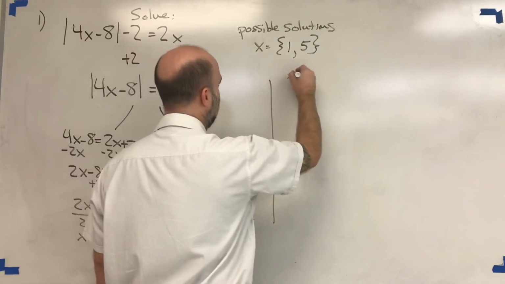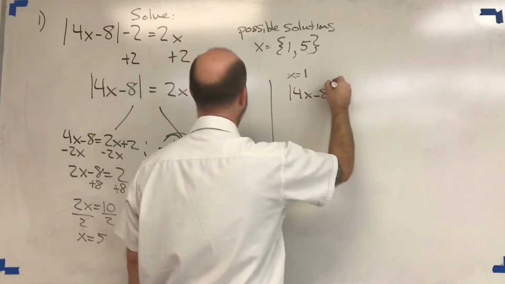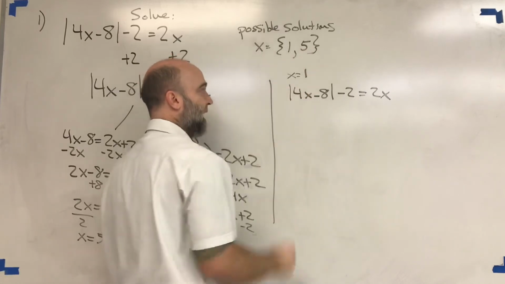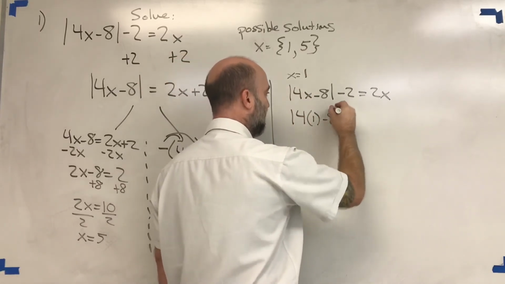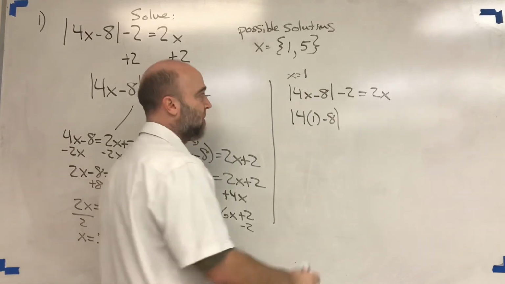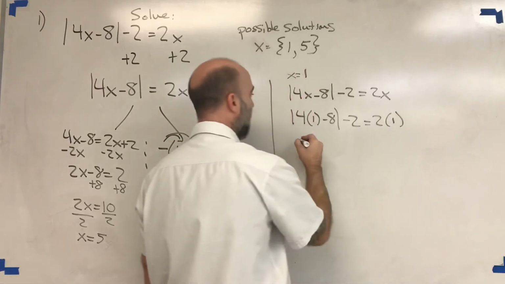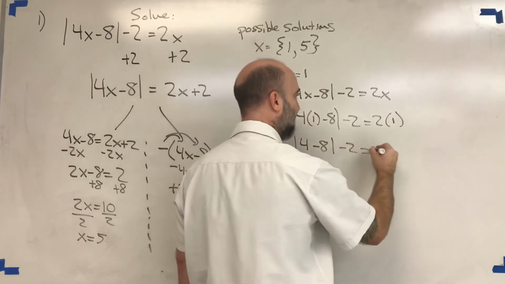So first, when x equals 1, absolute value of 4x minus 8, minus 2 equals 2x. Wherever I see an x, I put a 1. So 4(1) minus 8. I always like using parentheses when I plug my numbers in. Minus 2 equals 2(1). This now is the absolute value of 4 minus 8, minus 2 equals 2.